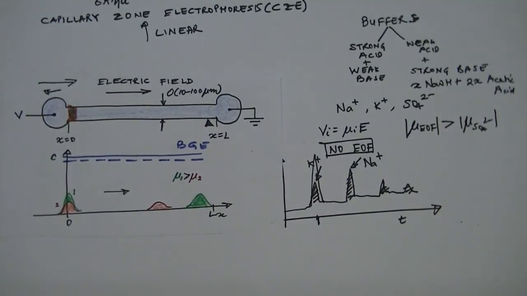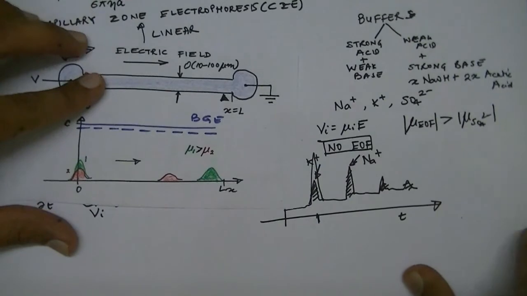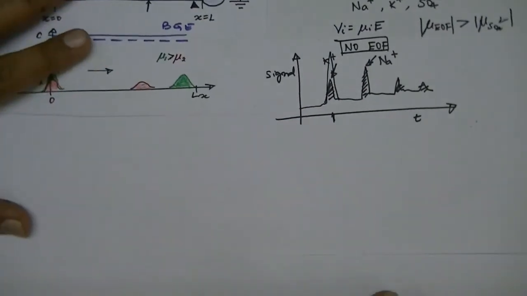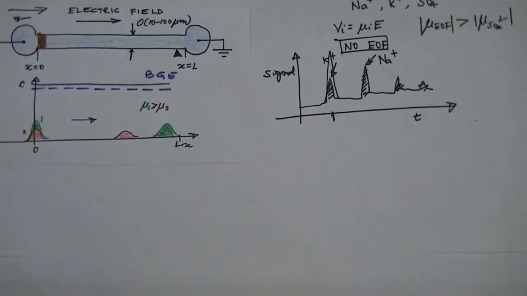Now, having looked at the basics of capillary zone electrophoresis, we can now look at some simple scaling of what are the conditions that will actually help us in obtaining better separation.